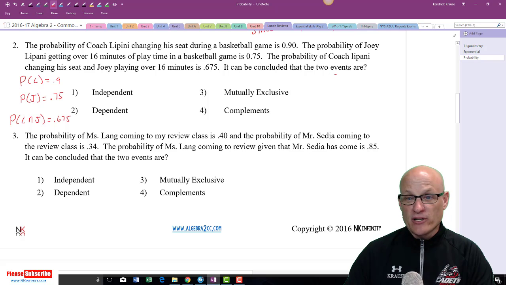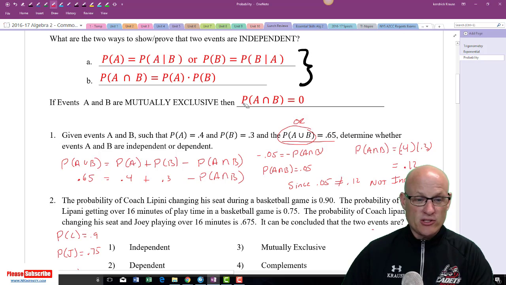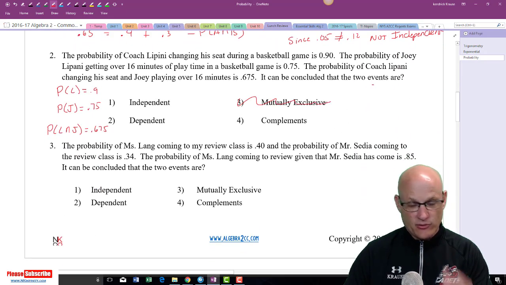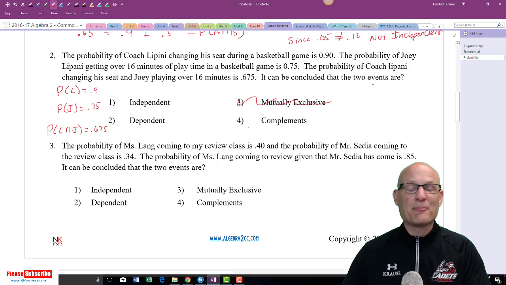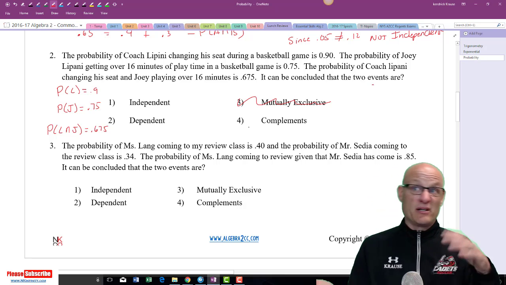It can be concluded that the two events are, well, if they were mutually exclusive, remember, mutually exclusive means the and is equal to 0. Since it's not, they're not mutually exclusive. If they were complements, you can't really have complements of this. Complements would be like the probability of rain, probability of not rain.